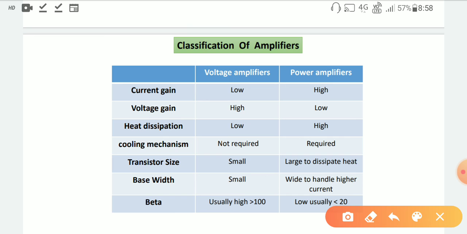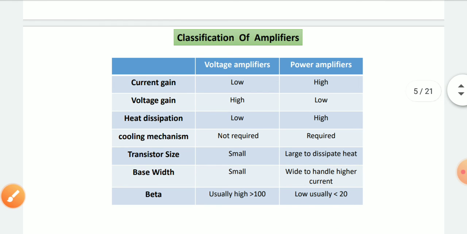Base width for the voltage amplifier is small, but for the power amplifier it is wide. The current amplification factor beta for the voltage amplifier is usually greater than 100, but for the power amplifier it is low, usually less than 20.